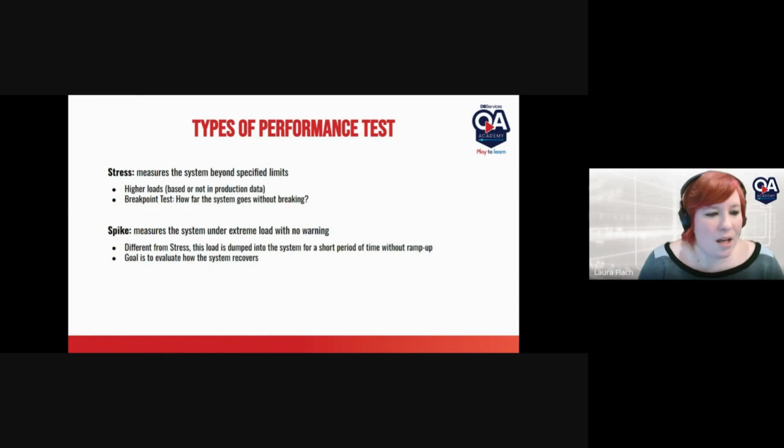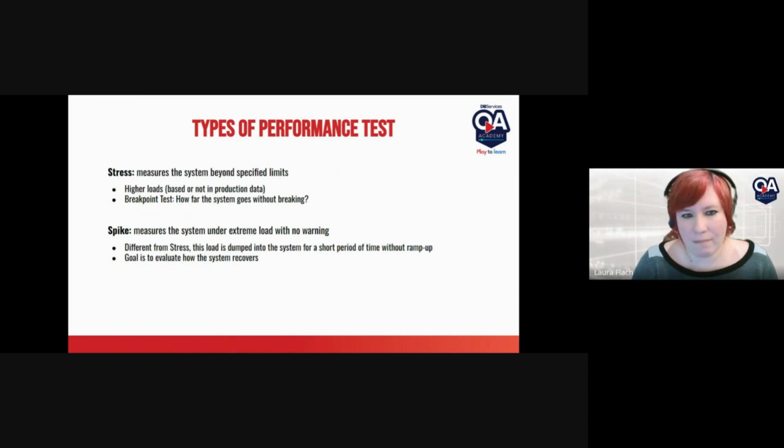We also have a spike test that measures the system under extreme load with no warning. So there's no ramp up, no easing into it. In the stress test, you start with a low number of users and keep slowly increasing the load.